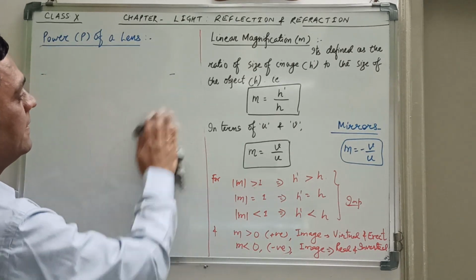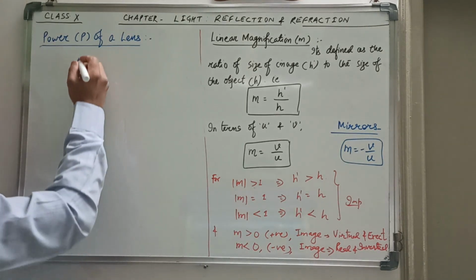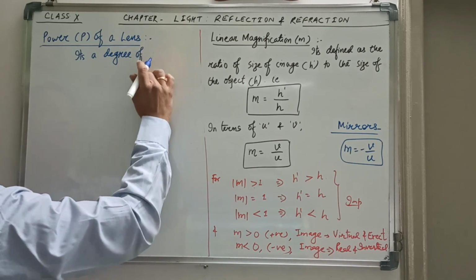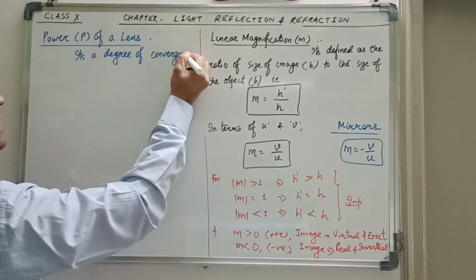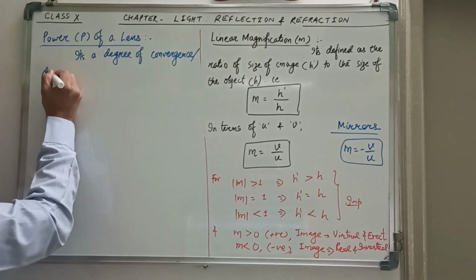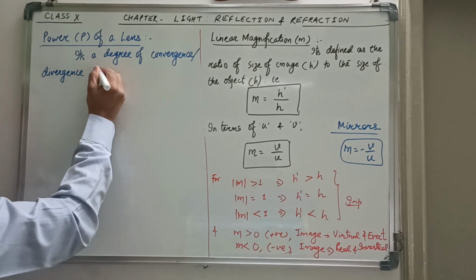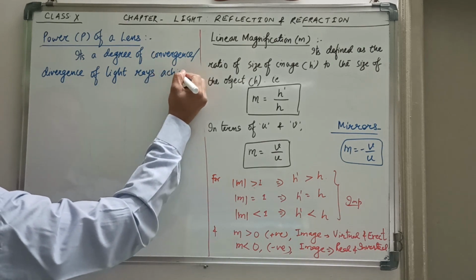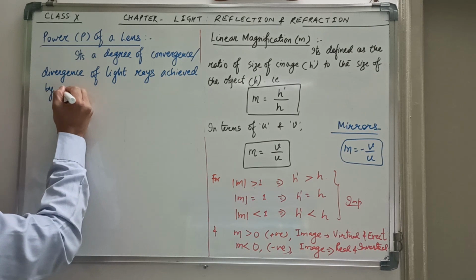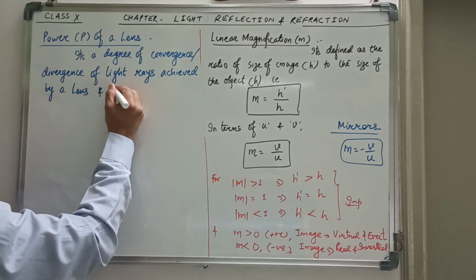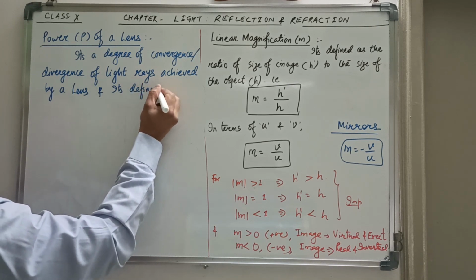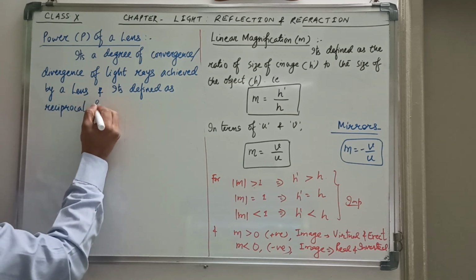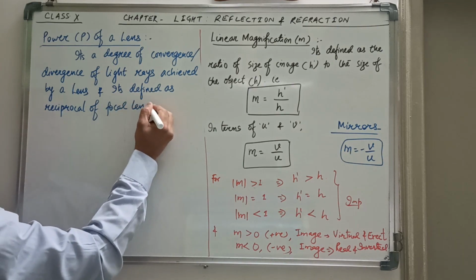So it's the degree of convergence or divergence of light rays achieved by a lens, and it's defined as reciprocal of focal length here, okay, that we have discussed just now.